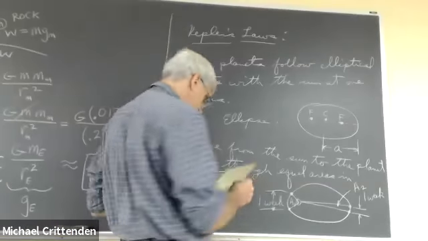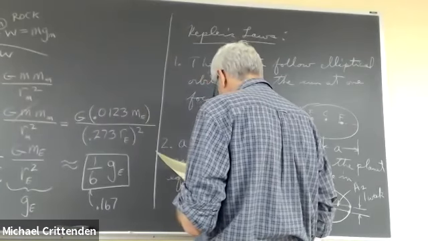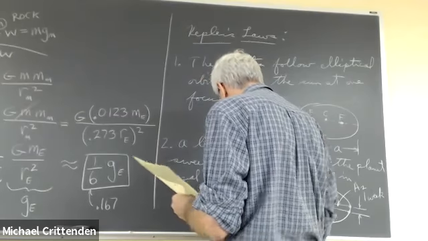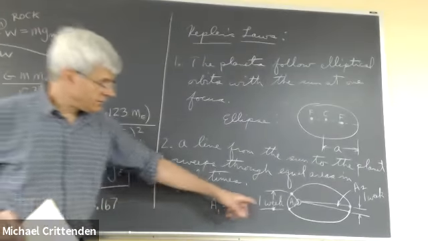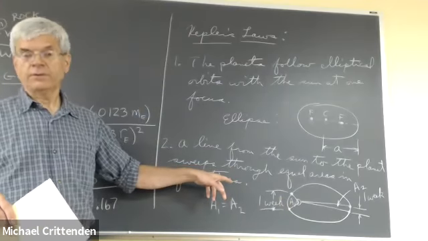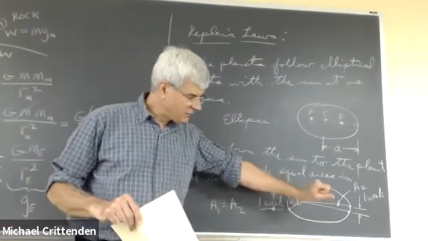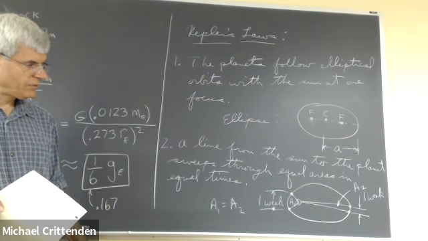And what the second law says is that the short fat area, A1, includes the same number of square miles as the long skinny area, A2 does: equal areas in equal times.